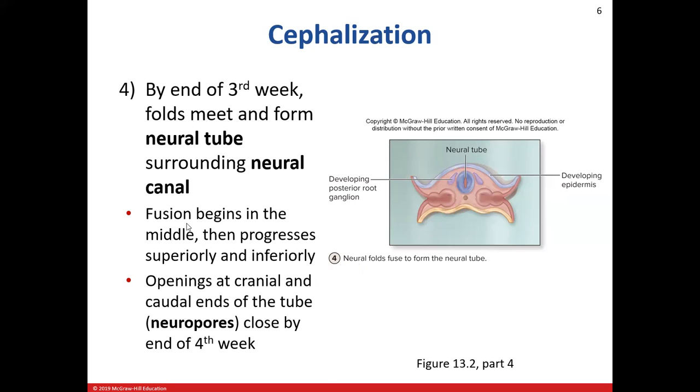The fusion begins in the middle and then progresses superiorly and inferiorly, so it's going both up and down. And the openings at the cranial and caudal ends of the tube close by the end of the 4th week of development. So usually around the end of the 1st month, we've already started to have good development of these particular cells and of this tissue.